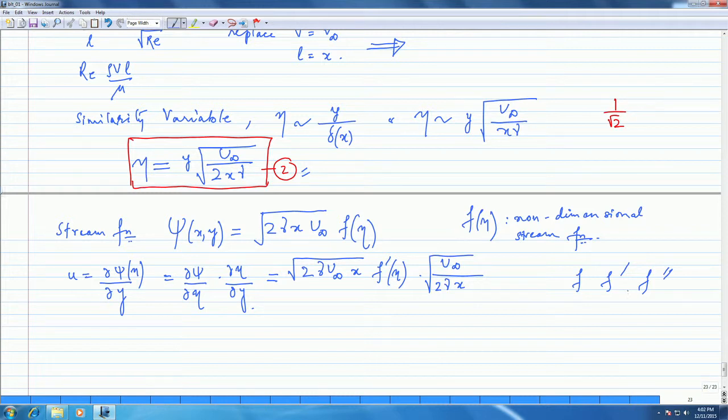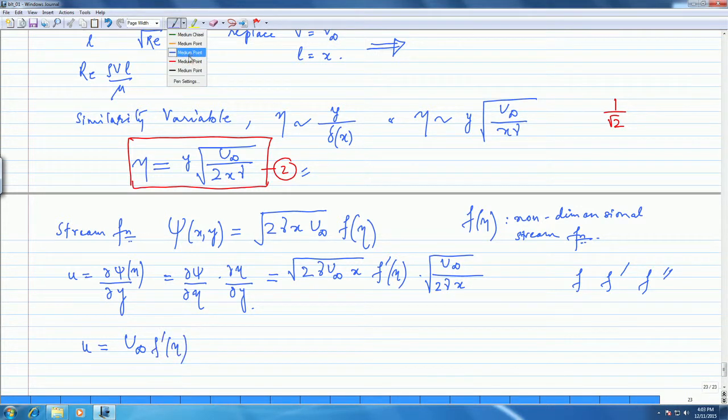Now if I do this here, the 2 nu x cancels. Therefore, what I get is that u is equal to u infinity f dash of eta.